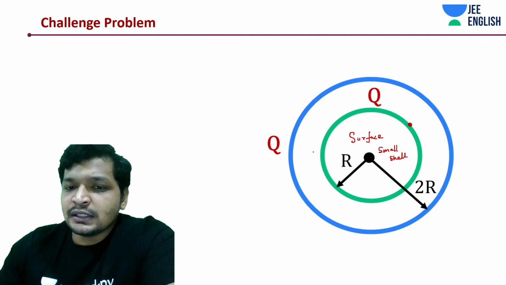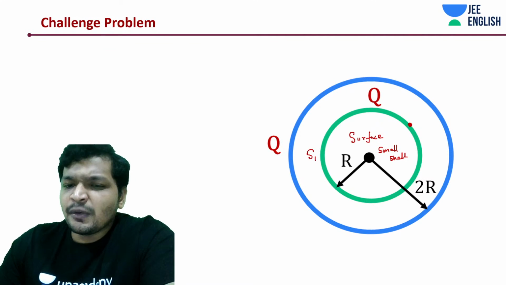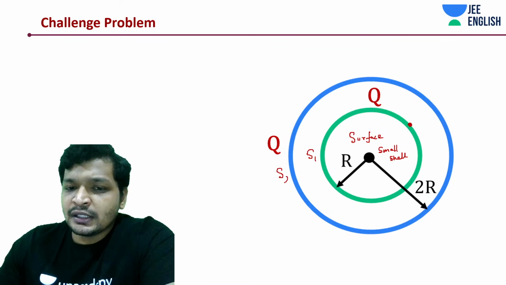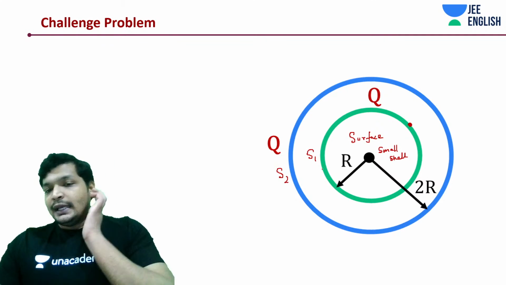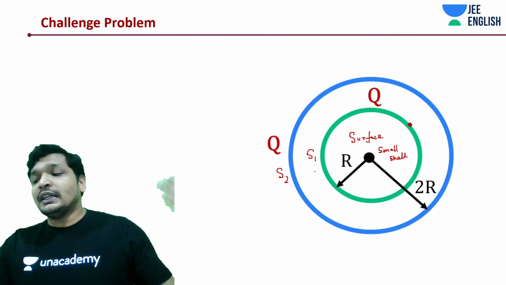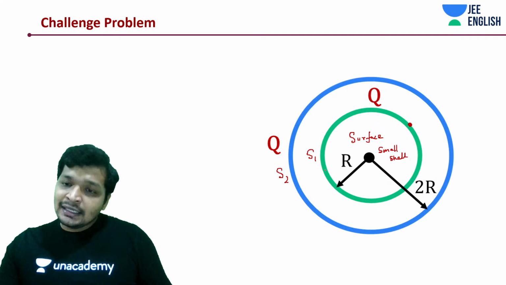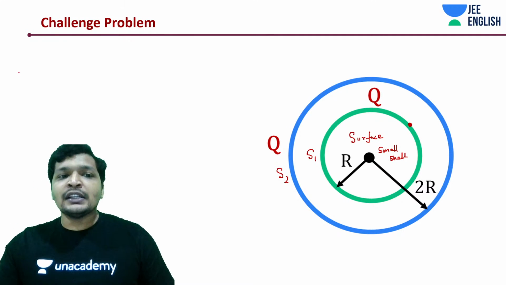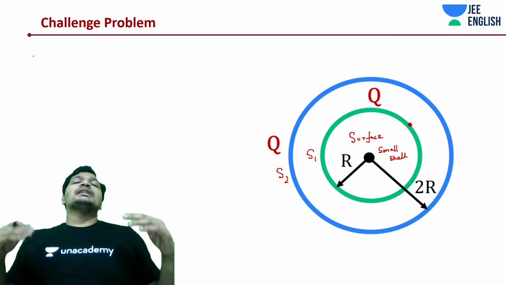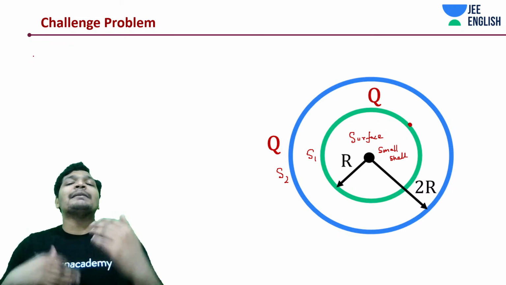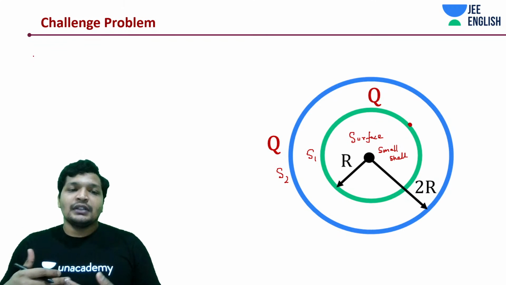We have two spheres. Let's label the small one as S1 and the big one as S2. So for S2, it is at some point inside that shell. There will be two kinds of potential. So in such problems, you'll keep adding the potentials, right?